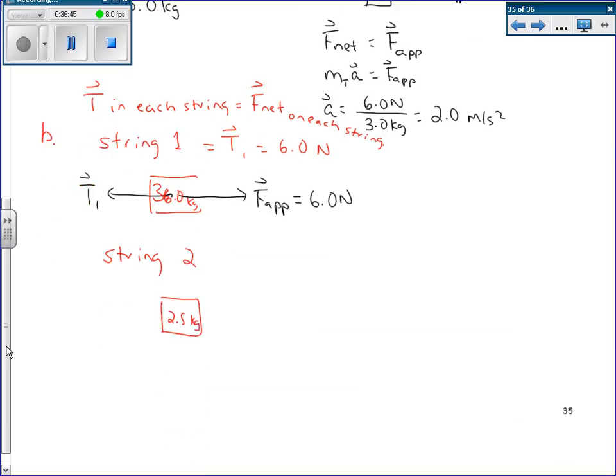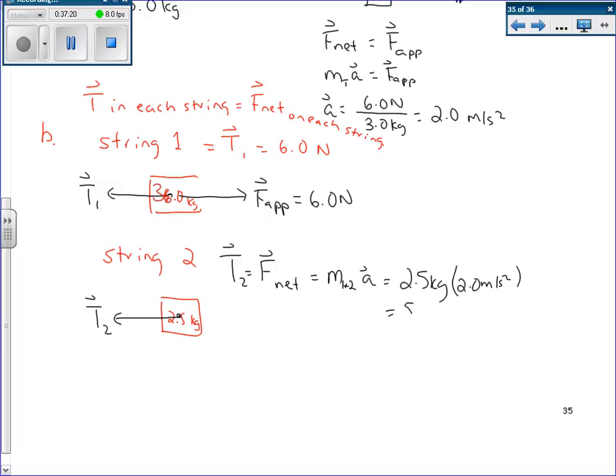So the tension in string 2 is equal to the net force on that, which is going to be the mass of 1 plus 2 times acceleration, which is 2.5 kilograms times 2 meters per second squared, which is 5 newtons that it has to pull.